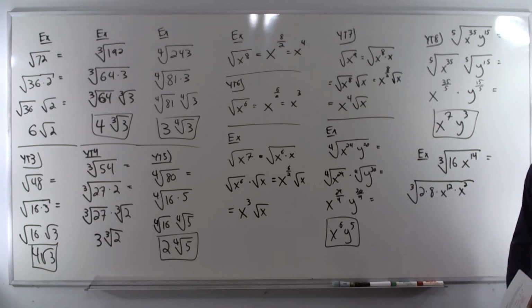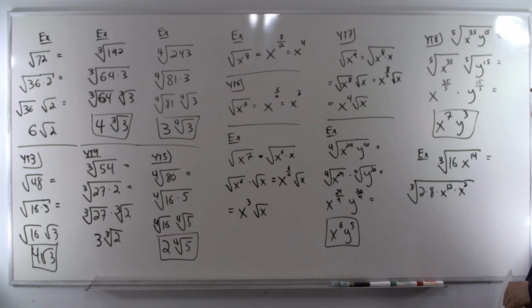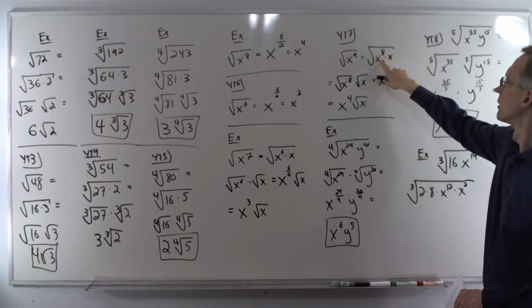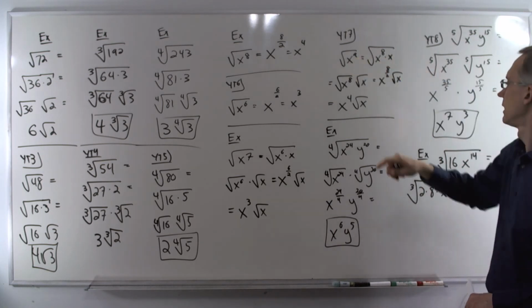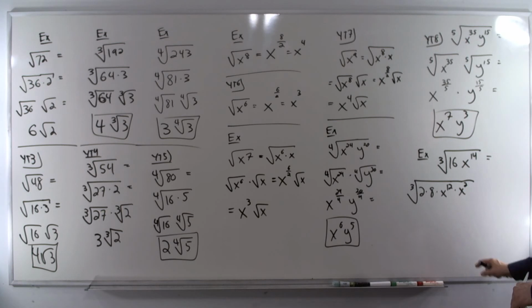Now we have 12, which is the largest multiple of 3 that's less than or equal to 14. So like over here, we were looking for the largest even number less than or equal to 9. Now since our index is 3, this is the 3rd root, we want the largest multiple of 3 that's less than or equal to 14. All right, so we have a perfect cube here and a perfect cube here.